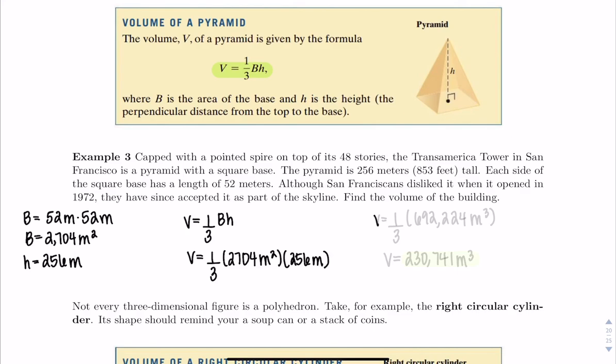Well, that gives us a volume of 1/3 times 692,224 cubic meters. And then dividing by 3 or multiplying by 1/3, we get 230,741 cubic meters.